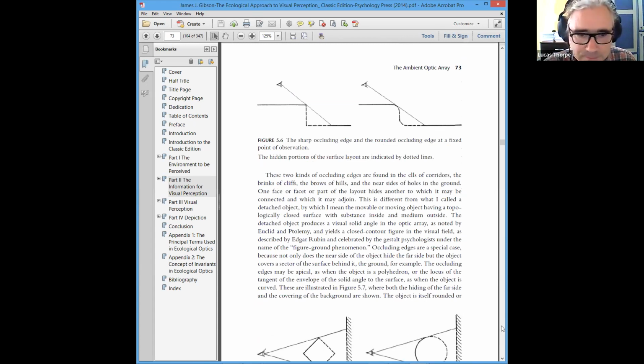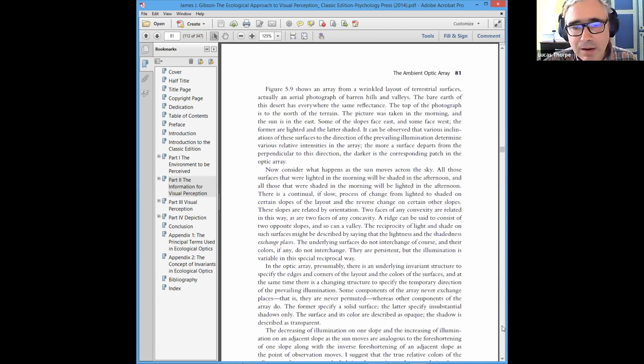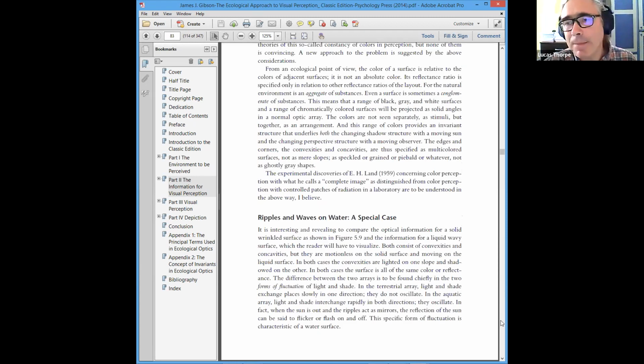And the way things change as one moves tells you a lot about the environment, about what sort of edges are occluding edges, and also about the observer's relationship to the environment.